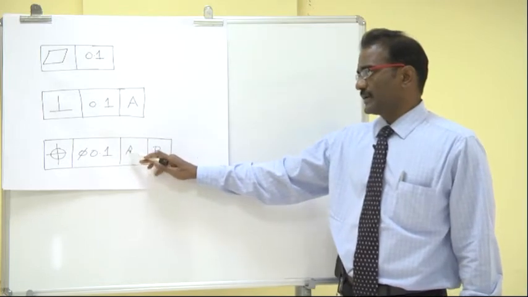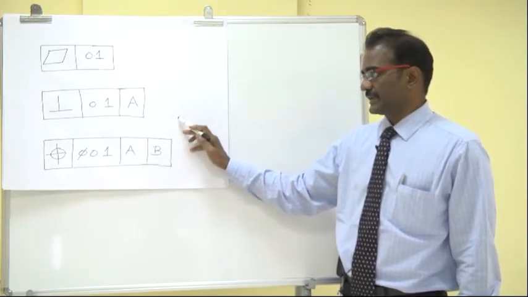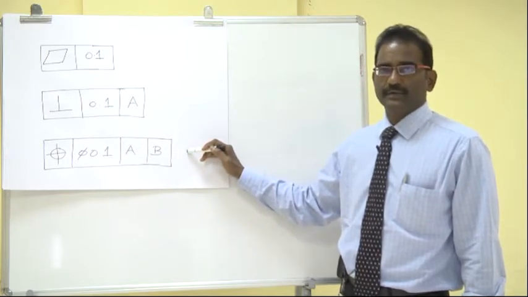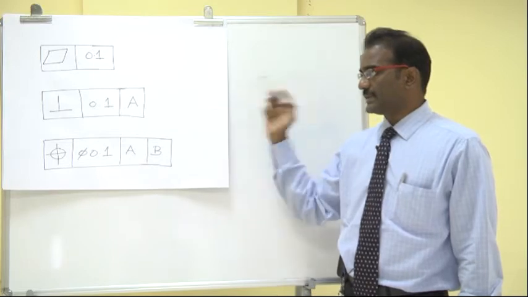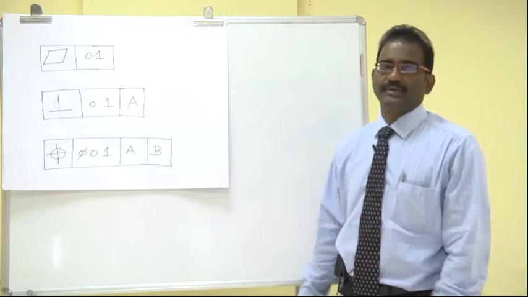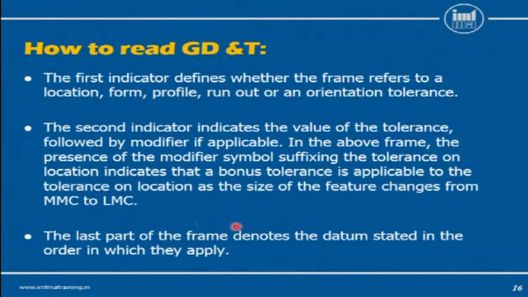The first one we call the primary datum, the second one we call the secondary datum, and the third one, if it is given, we call the tertiary datum, and they need to be constrained in the same order in which it is mentioned in the drawing. The same thing is again repeated here. The first box talks about the symbol, the second compartment talks about the value of the tolerance. The last part of the frame talks about the datums stated in the order in which they apply.